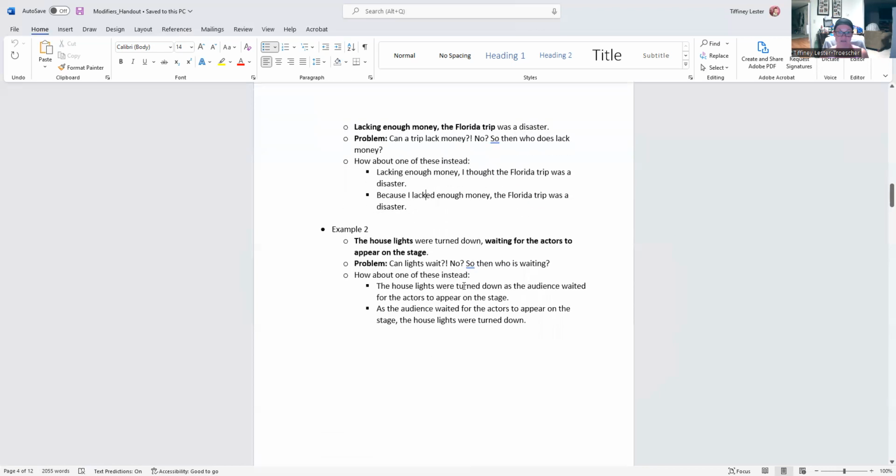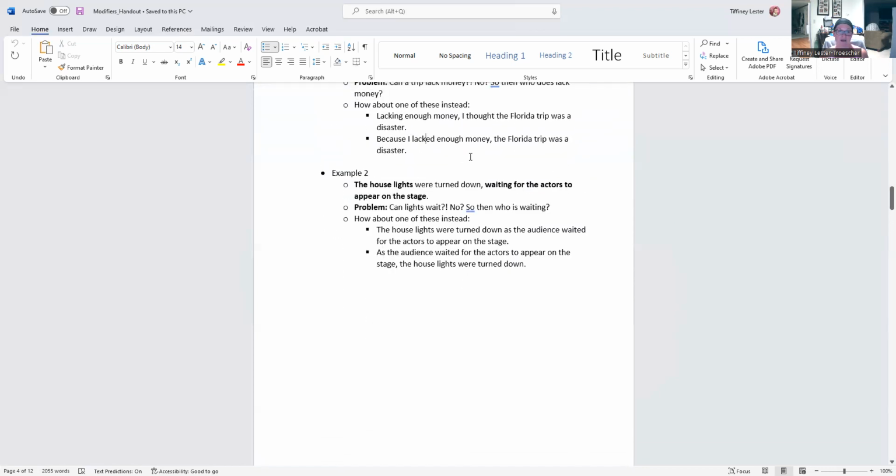We have another example here. The house lights were turned down, waiting for the actors to appear on the stage. So again, the house lights were turned down. Here's our modifier, waiting for the actors to appear on the stage. Well, what's waiting for the actors to appear on the stage? According to this sentence, the house lights were waiting for the actors to appear on stage. But we know that's not right.